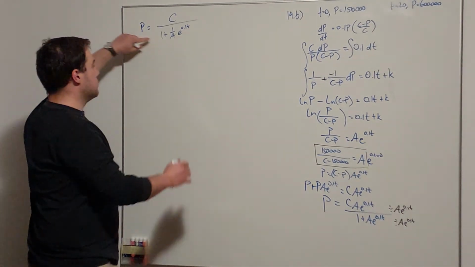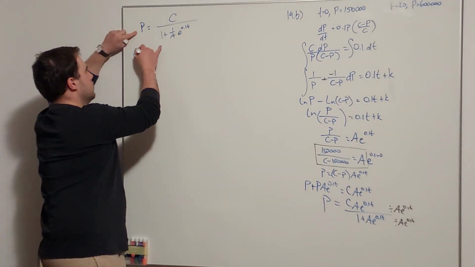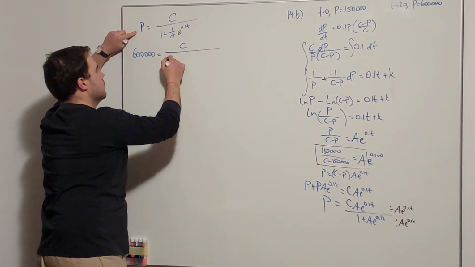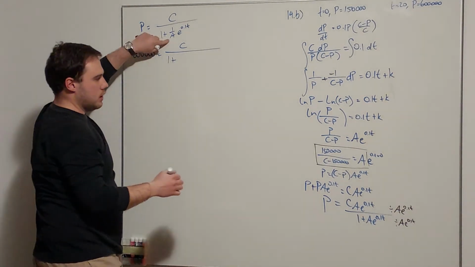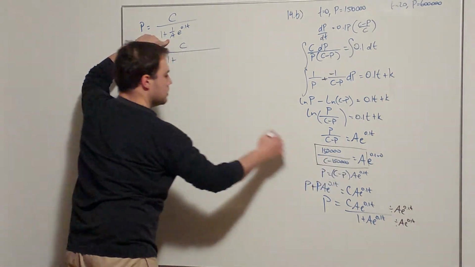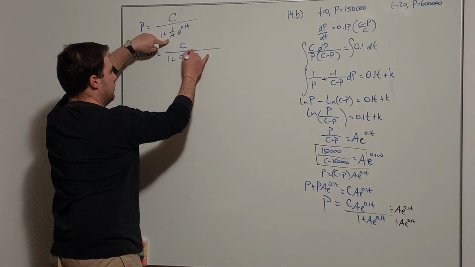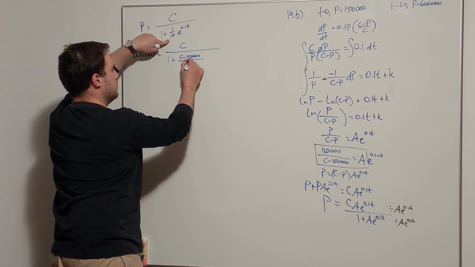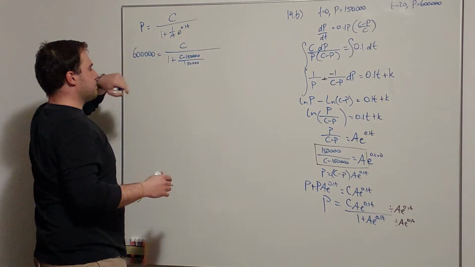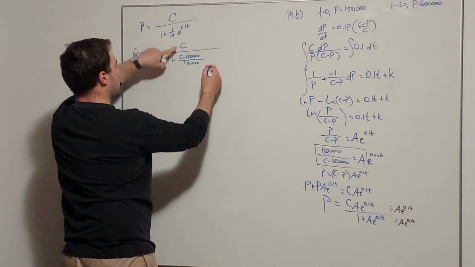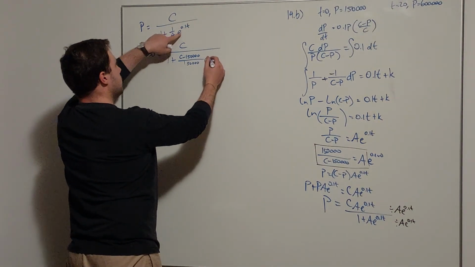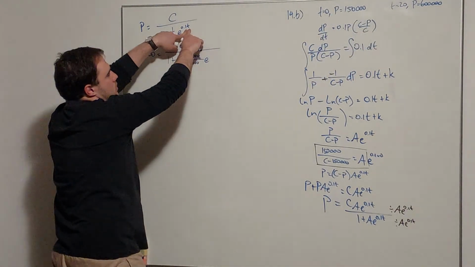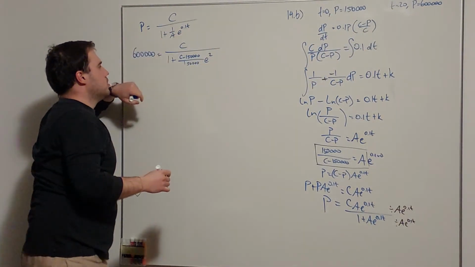So we know that population equals 600,000 for C on 1 plus 1 on A, which, since we know A is this, is going to be the reciprocal, C minus 150,000 on 150,000, times e to the 0.1, where t is 20, and 0.1 times 20 is 2.